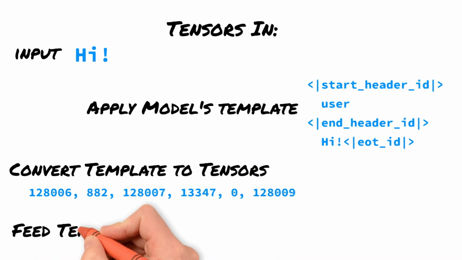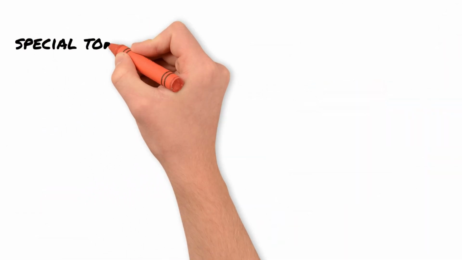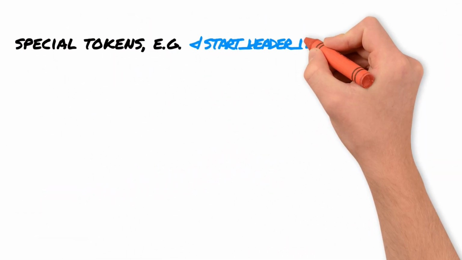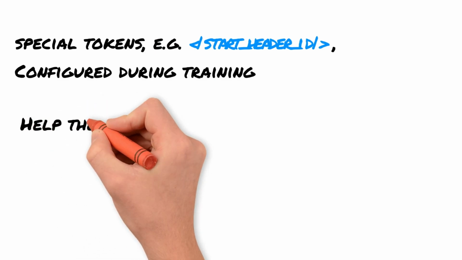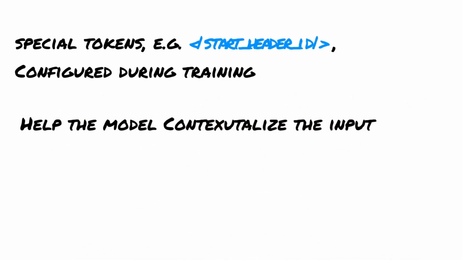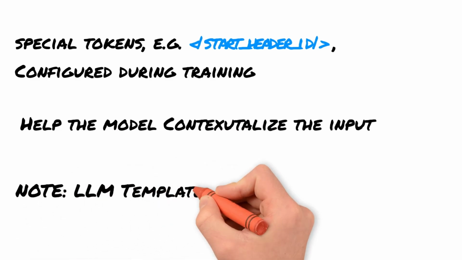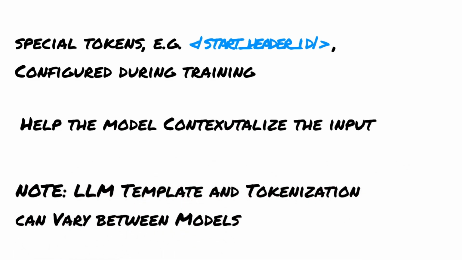Then we're going to feed that into our model. Those special tokens you saw, for example start header, are configured during training. They help the model better contextualize the input. Keep in mind that LLM templates and tokenization config can vary between models.